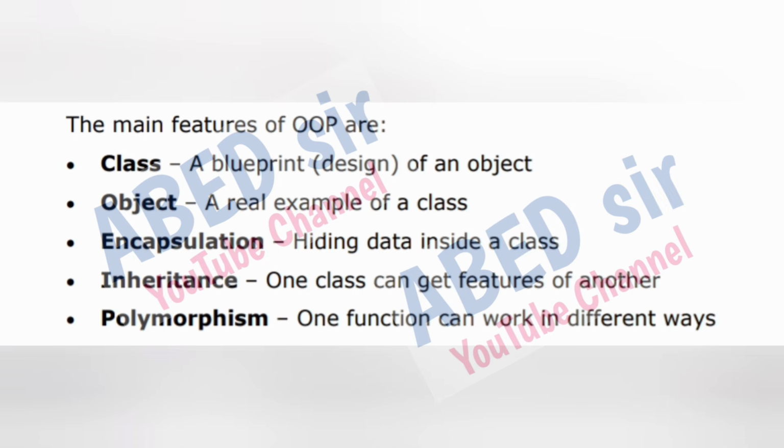The main features of OOP are: class, a blueprint or design of an object. Object, a real example of a class. Encapsulation, hiding data inside a class. Inheritance, one class can get features of another. Polymorphism, one function can work in different ways.